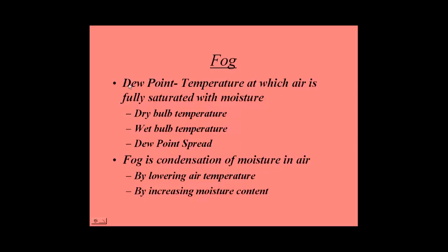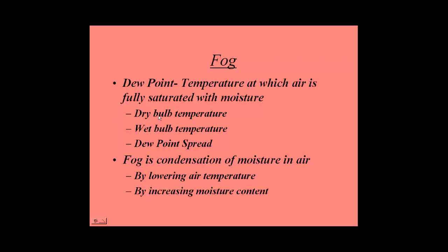Okay, let's talk about fog. Dew point is the temperature at which the air is fully saturated with moisture. And we use dry bulb temperature and wet bulb temperature as methods of determining dew point. Basically, the closer these two temperatures, the closer we are to a foggy condition.